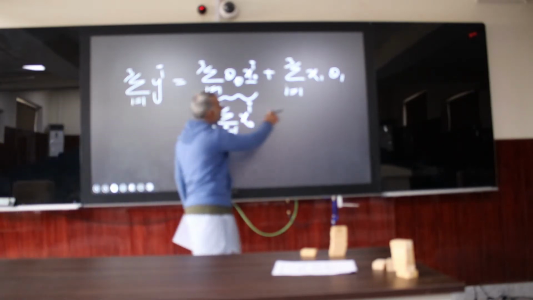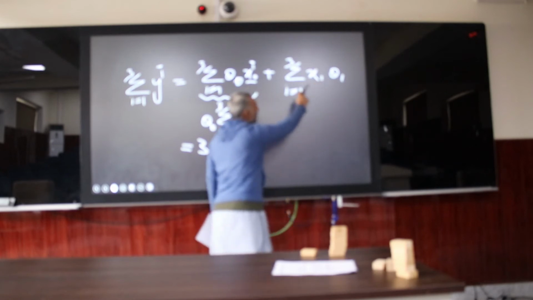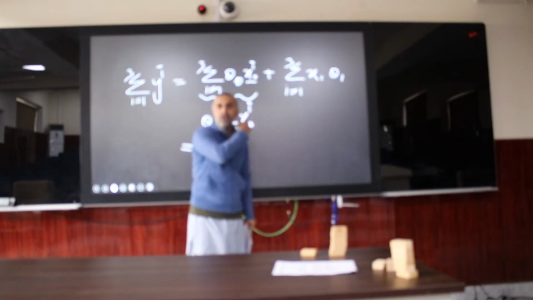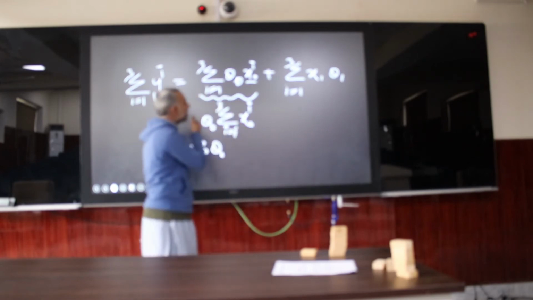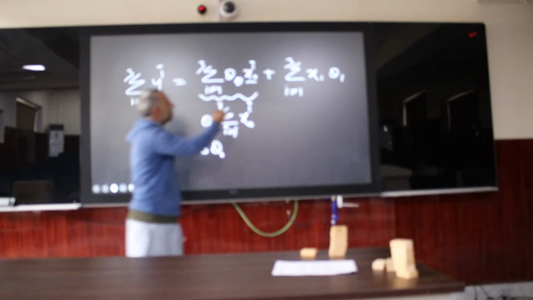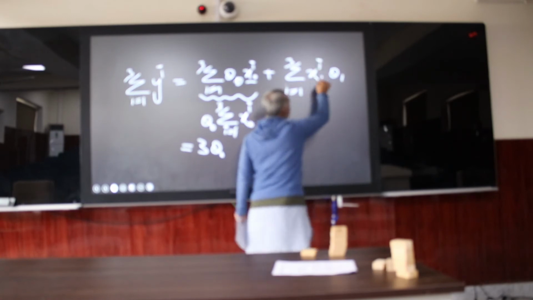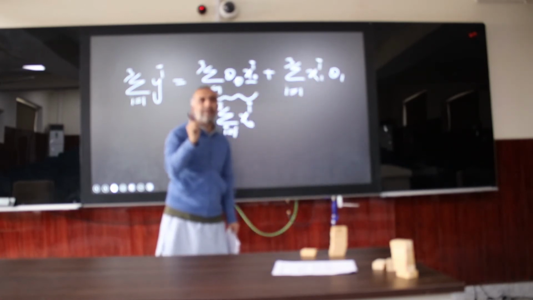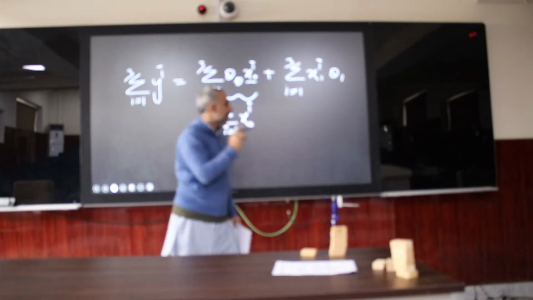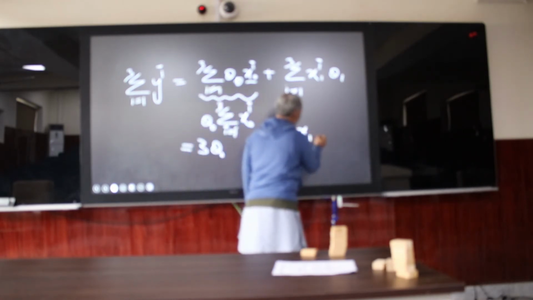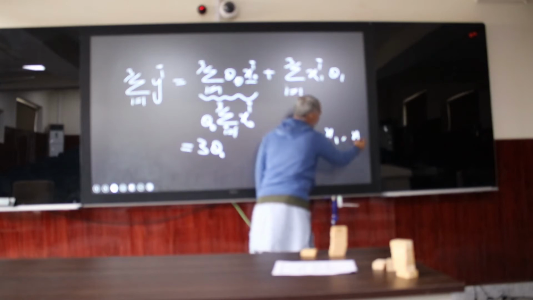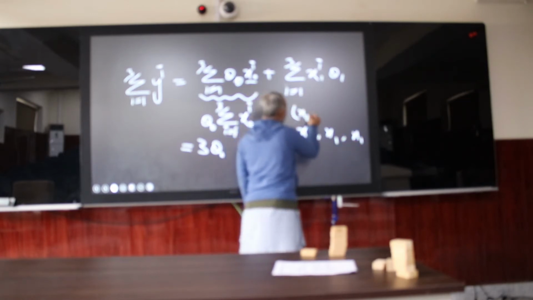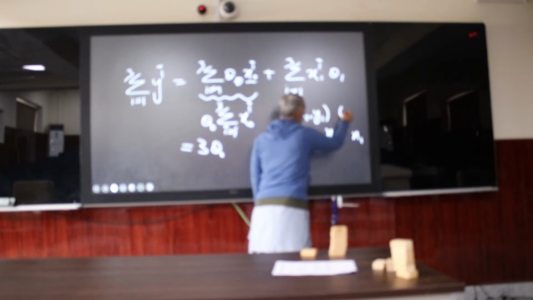Now this one, x1 and y1, okay. You need to follow the given points, but remember each point is representing one value of x1. Or you can say we have 3 points, x1, y1, and so on.